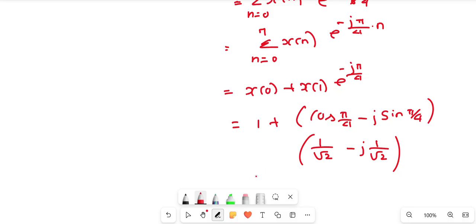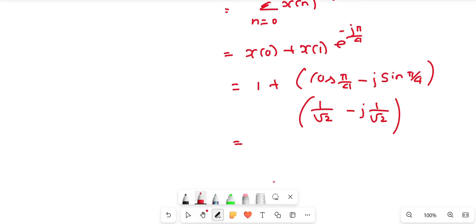So you can write 1.707 for these two terms, minus j 1 by root 2. So you will get 1.707 minus j 0.707.